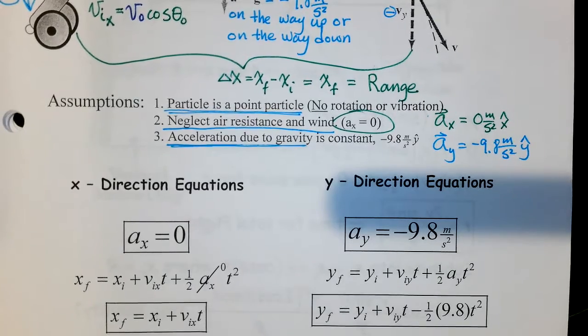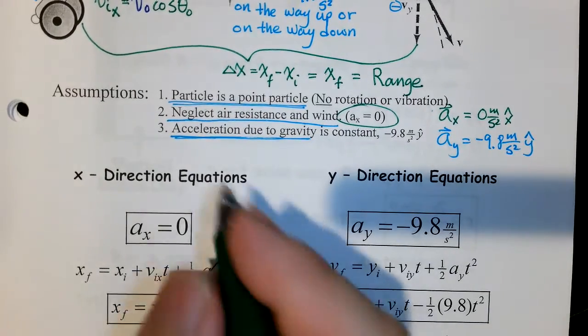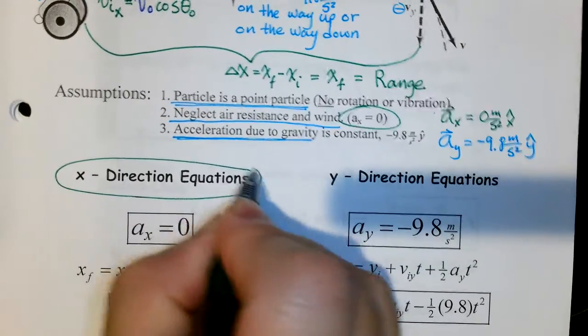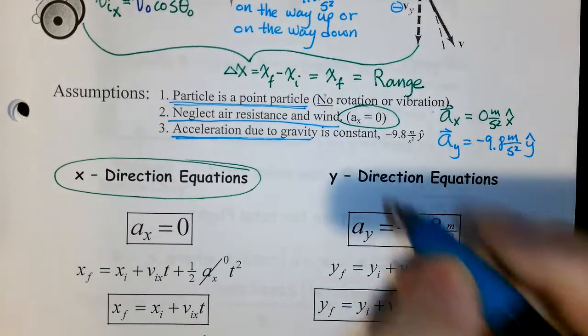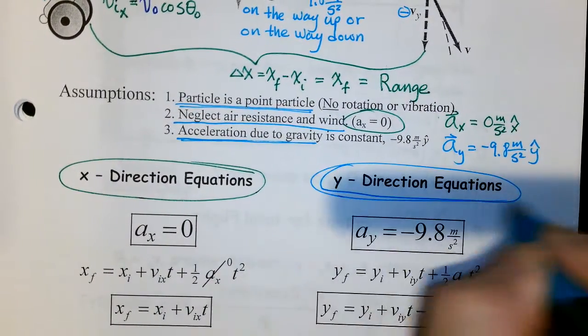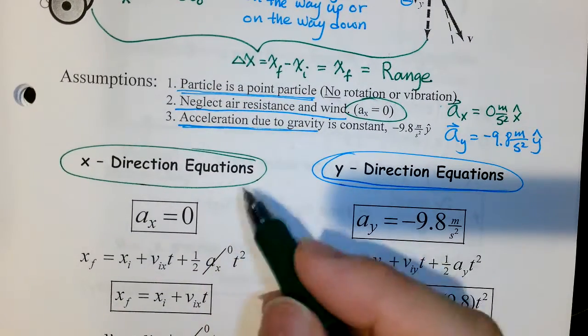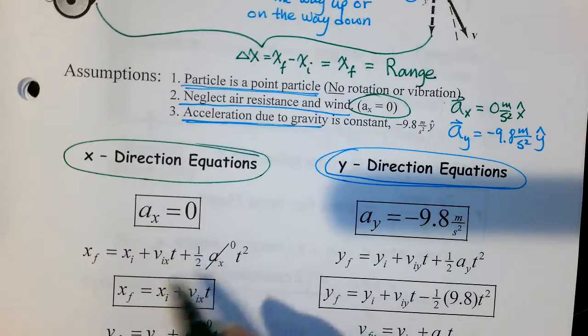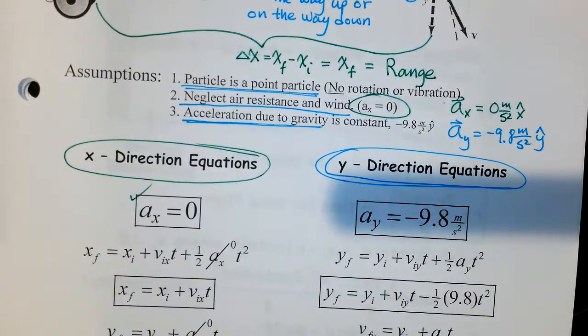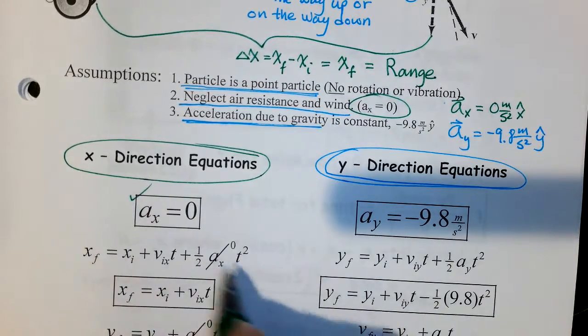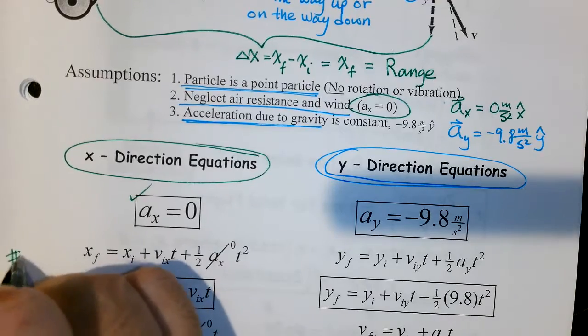When you work these problems out, you should always separate your x direction and y direction and split them up. When you split up the x direction, the acceleration in the x is 0. It's good to know. This is really equation number 2.